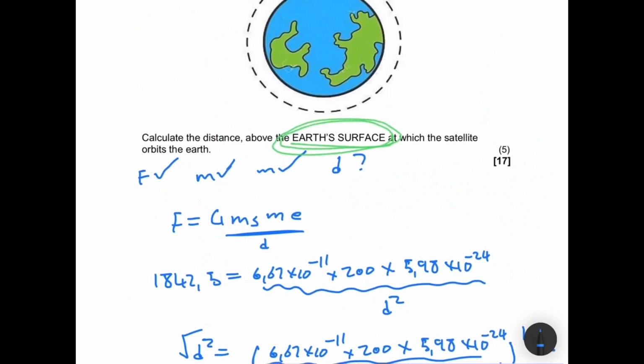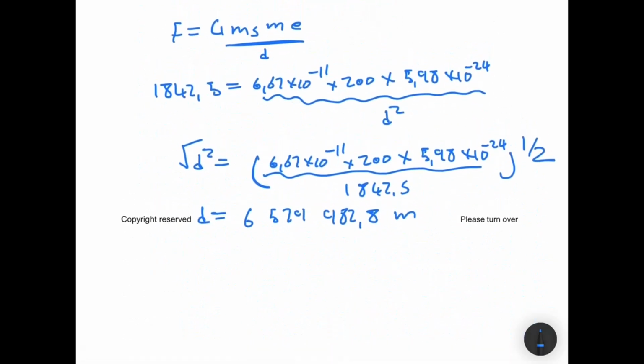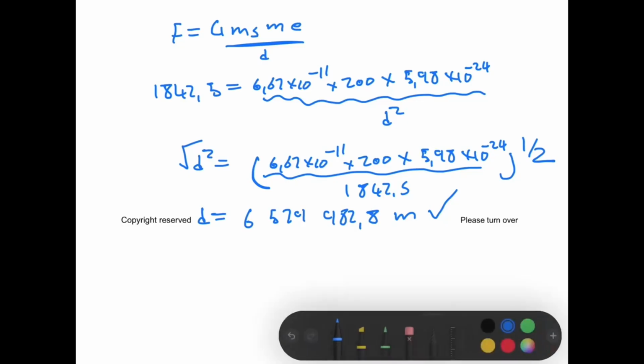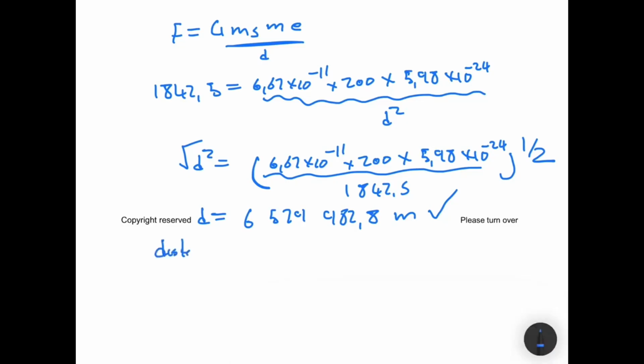This question has 5 marks, so if you stop here, you only have 3 marks. The other 2 marks are for subtracting the Earth's radius from this value. So the distance above will be equal to 6,579,982.8 meters minus the radius of the Earth.